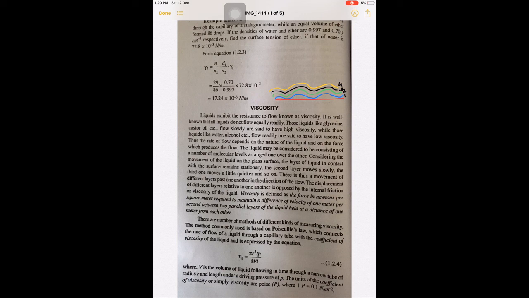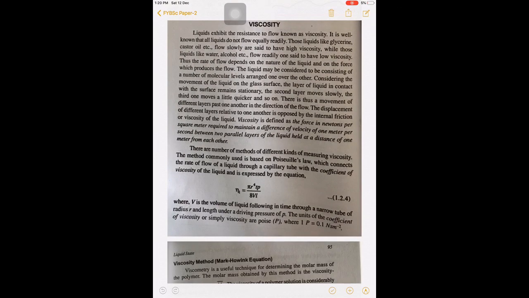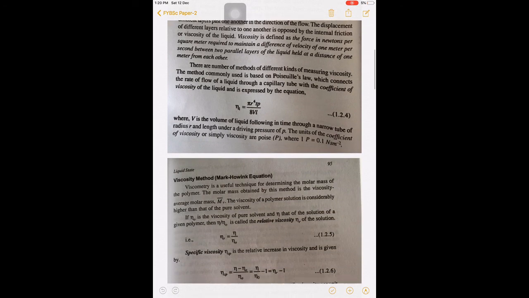The unit of the coefficient of viscosity, or simply viscosity, is the poise. 1 poise is equal to 0.1 newton second per meter square. So this is the unit of viscosity.